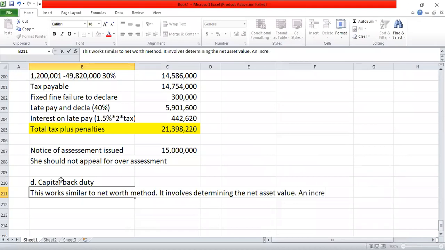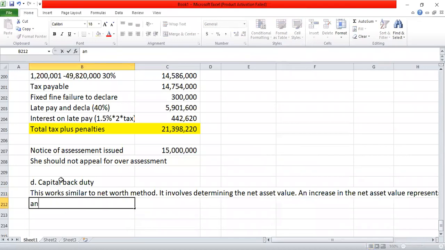An increase in the net asset value represents an income or profit, while a decrease represents a loss.